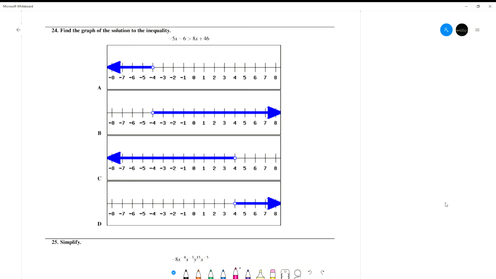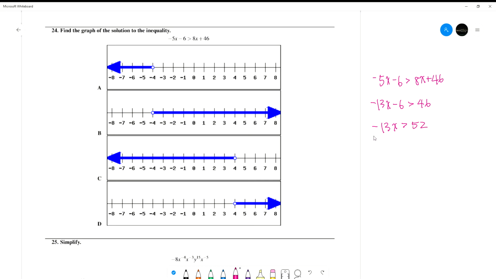Okay, so one variable linear inequality, we have to solve for x, right? So let me write this down on the right hand side here. So let's bring the x to the left hand side. So subtract 8. So we get negative 13x minus 6 greater than 46. Then to isolate x, we add 6 to both sides. So we got negative 13x is greater than 52, right?